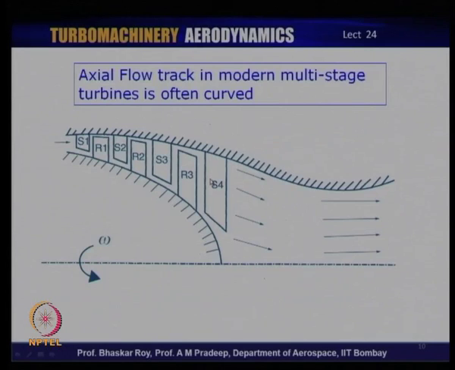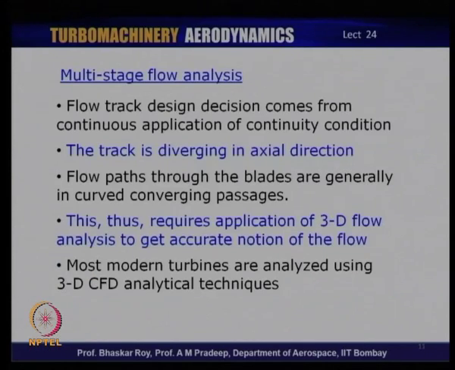So, the flow is executing a very complex curvilinear passage through the turbine blades before exiting the turbine and going either into the exhaust or into the nozzle. So, this needs to be analyzed in great detail before you have some idea about the complexity of the aerodynamics of the turbine, which you require to create turbines of reasonably competitive aerodynamic efficiency. So, the multi-stage flow analysis needs to be done.